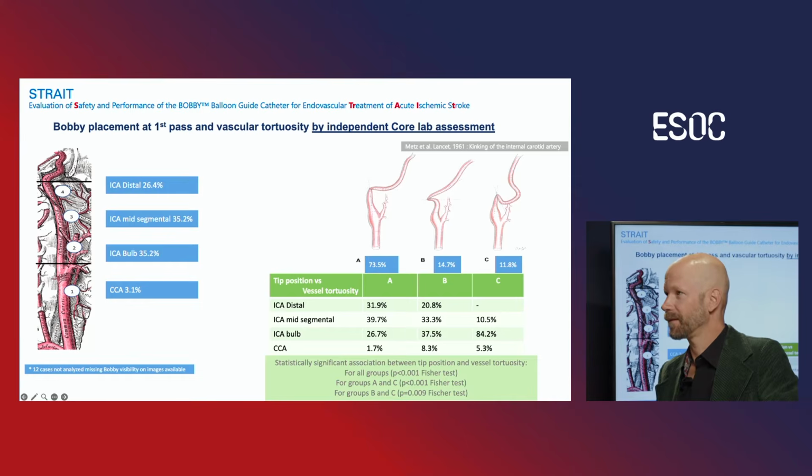So in the trial, it was registered how distal the place was where you positioned the balloon guide in the carotid artery. Because in the older trials and the evidence that you showed, we had no idea. Usually they placed it very proximal because it was not possible.